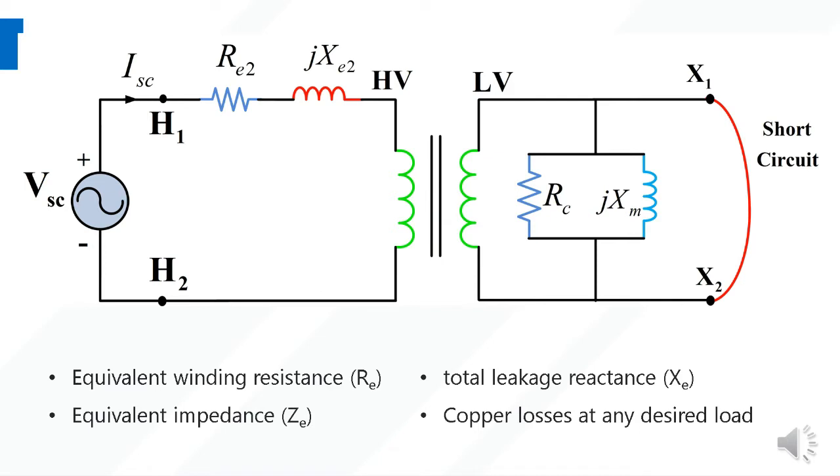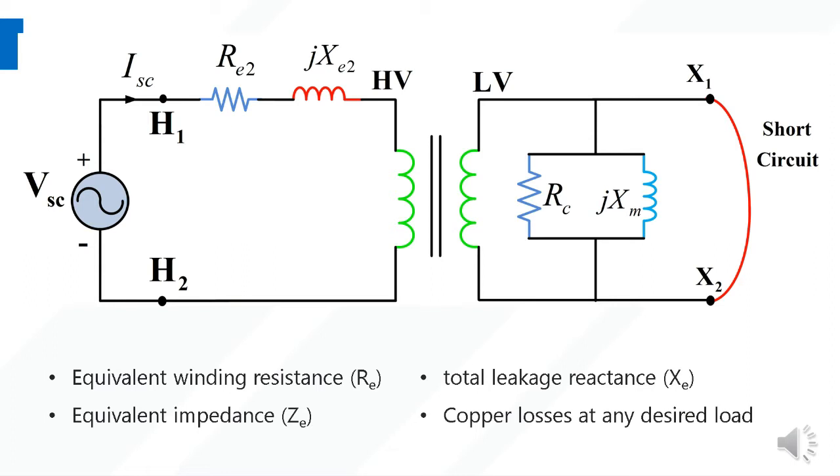This test is performed to find series branch parameters of an equivalent circuit such as equivalent winding resistance, equivalent impedance, total leakage reactance. Also, it is possible to determine copper losses at any desired load.